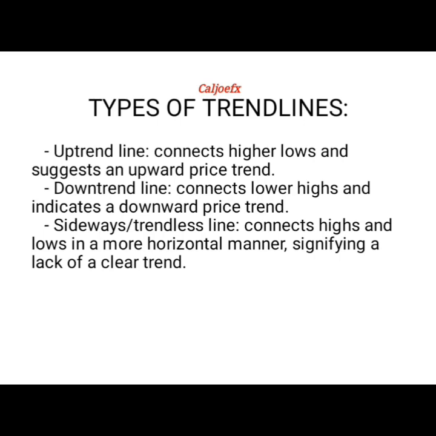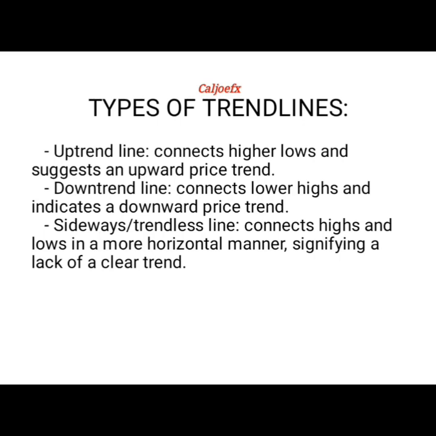We have the higher highs, we have the higher lows. So people make the mistake of connecting the higher highs and think that it's an upward trend. So when it comes to uptrend line, you need to connect higher lows. Then the downward trend, you connect the lower highs.